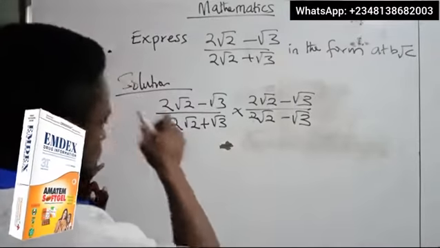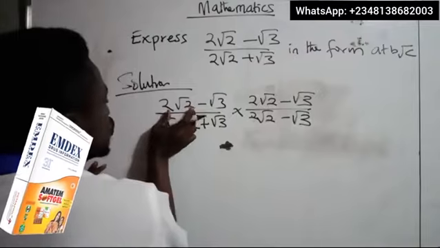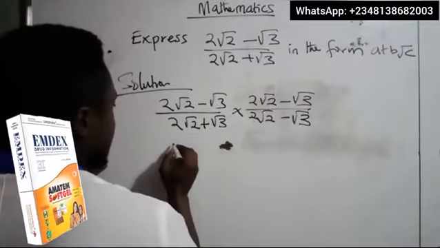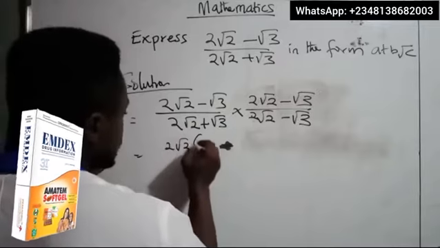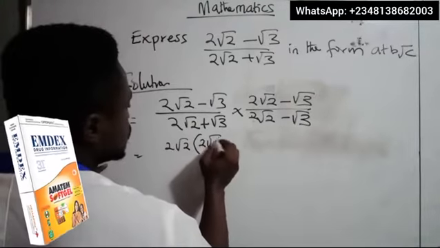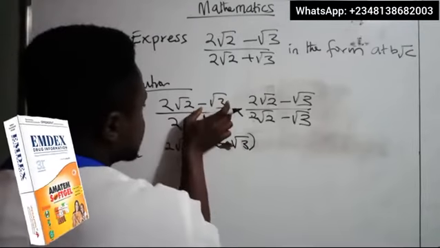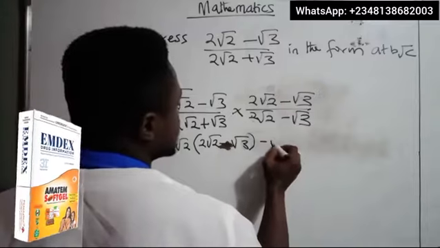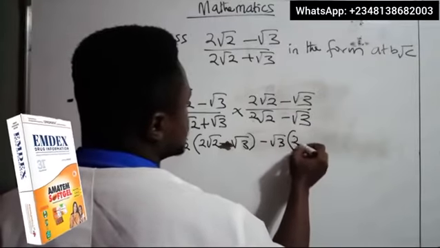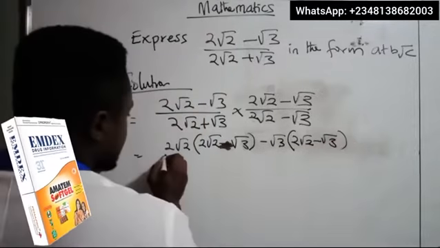Now let's go. We use this 2 root 2 to multiply this first. We have 2 root 2 bracket 2 root 2 minus root 3. We use this minus root 3 to multiply this as well. We have minus root 3 bracket 2 root 2 minus root 3.